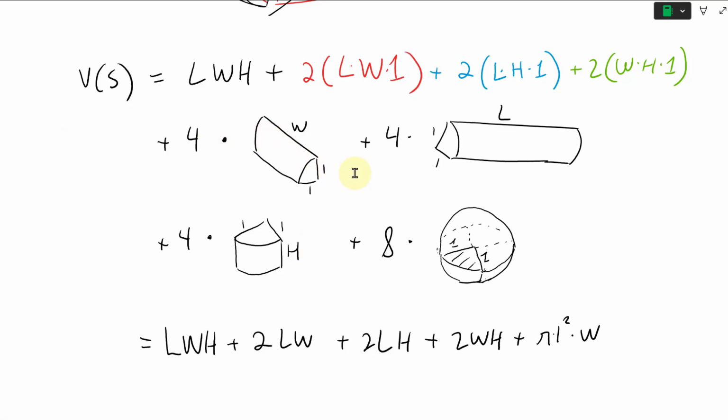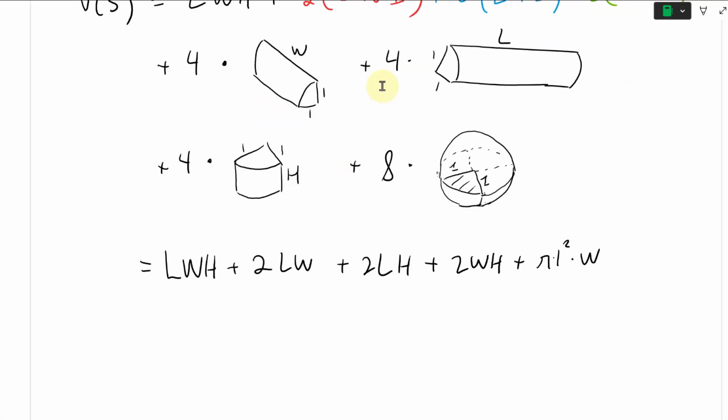Basically 4 of those becomes one cylinder. The next one right here is going to be plus 4 times this one here. Again, we can ignore the 4 and just consider a full cylinder. So pi r squared, so pi 1 squared times L, like that. And then the next one here, similar to here, remove the 4, and we just get pi 1 squared, the area, times the height.